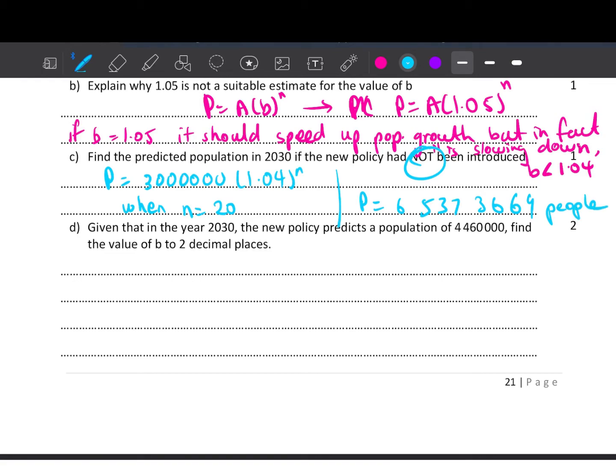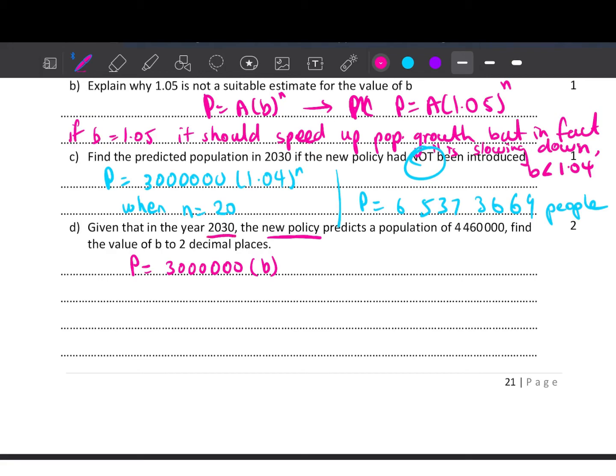All right, part D, given that in the year 2030, the new policy predicts a population of 4,460,000, find the value of B. Once again, we know that for the second equation, for the new policy, it goes by P is equal to 3 million times B to the power of n.